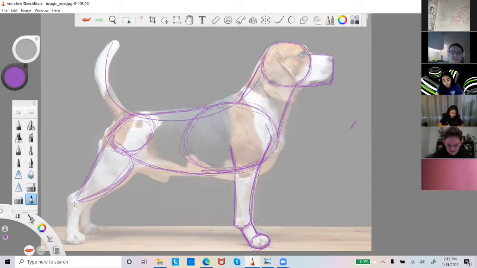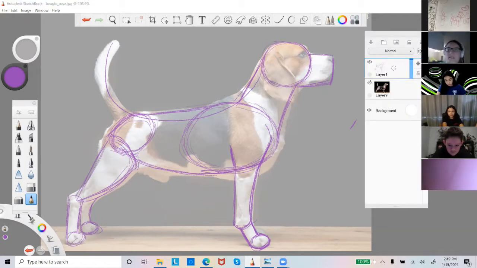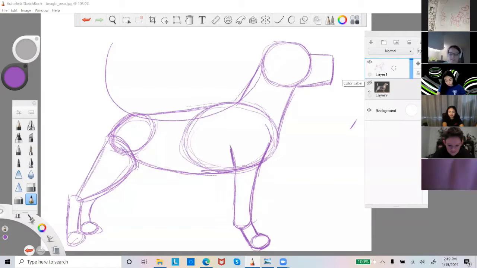So instead of a rectangle, just draw a big triangle wedge shape that's connected to this pear over here. And then rectangle, circle for the paws. And that's how I would break down this dog.